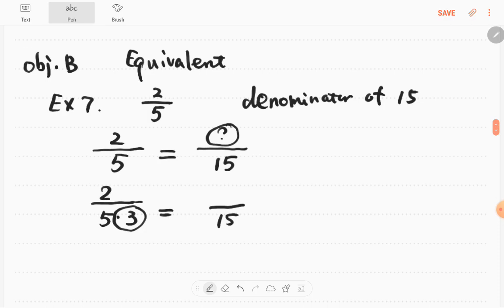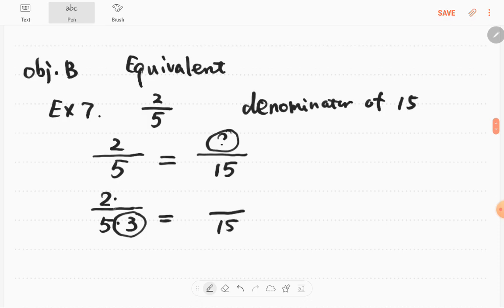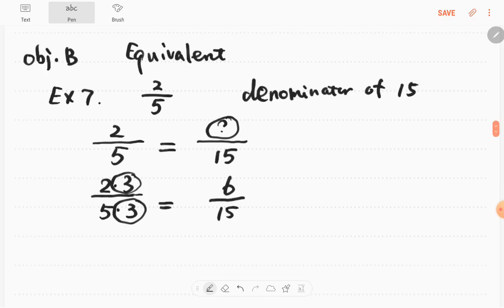So we should do the same action to the numerator. So we also need to times 3. Then we can get 6 over 15.